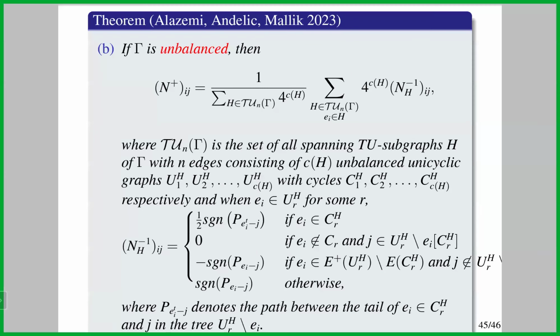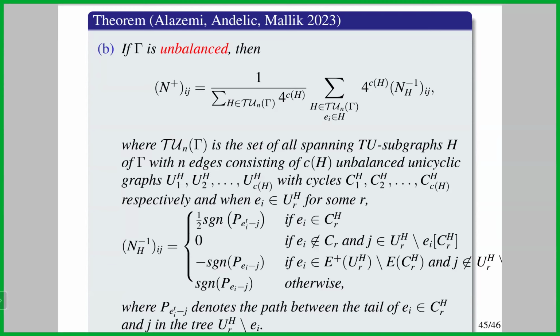In this case, we only look at H, which is a spanning subgraph on n edges that consists of unbalanced unicyclic graphs. So each component of H is an unbalanced unicyclic graph.